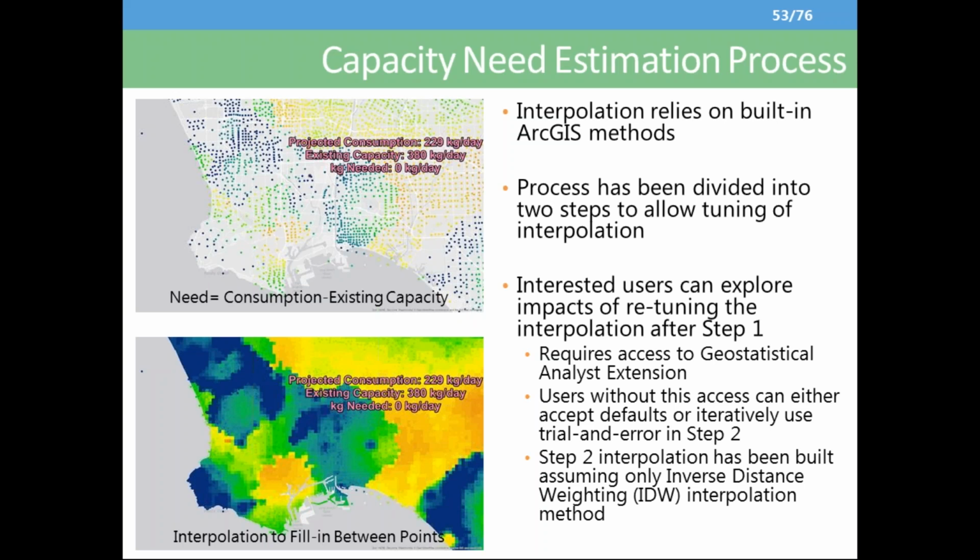The one drawback is that this is one of the capabilities that requires a higher elevation of the license, and it does require an additional extension. So not all users will be able to make use of that additional functionality. However, you don't have to take that retuning step. You can just accept the defaults for step 2, which are based on the tuning from the 2017 annual evaluation.